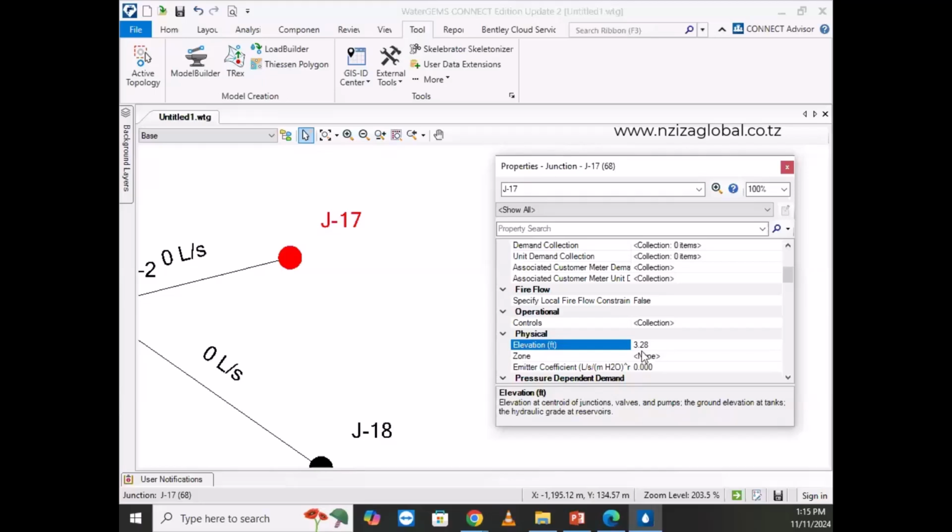But in WaterGEMS, when you say 100 while the unit was set to feet, and then your unit changed to meters, it will immediately change this 100 feet into meters. We are good. To mean, before inputting your data, make sure of the unit that you are working on.